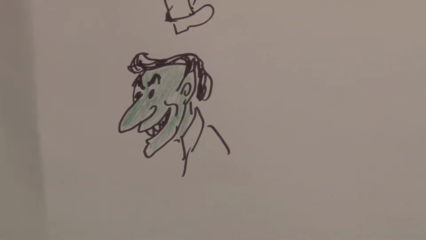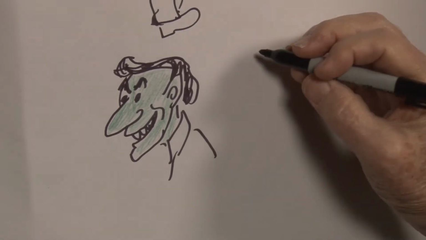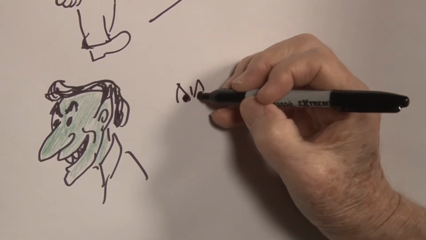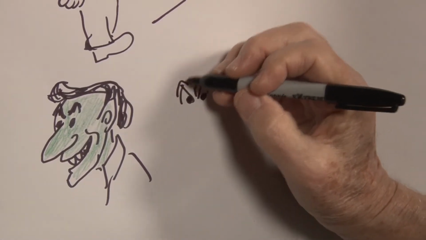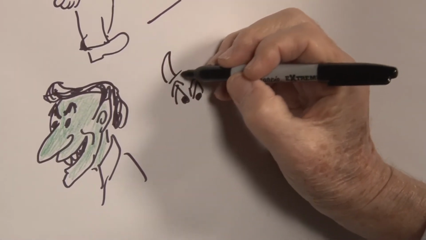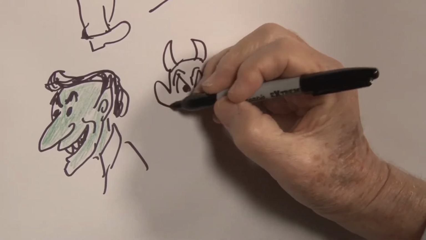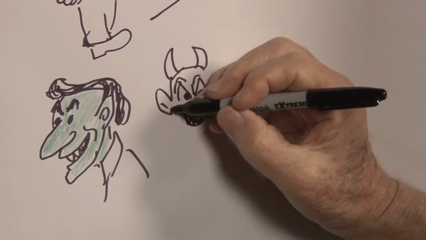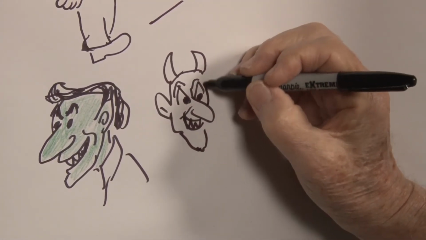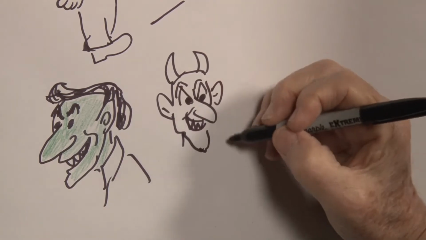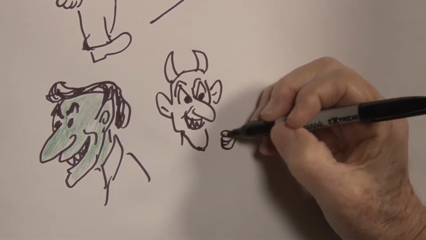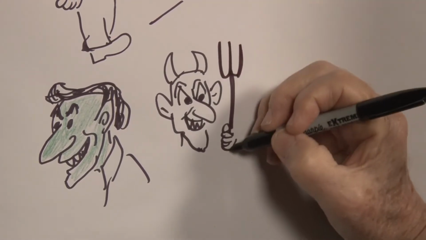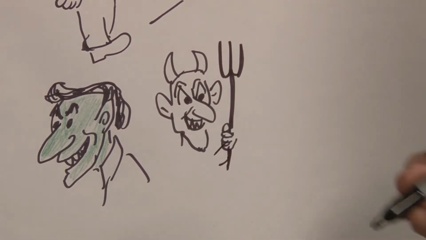Well, here's another character that you might see at trick or treat or elsewhere during the Halloween season. This one's got horns. Of course, another wicked grin. That's the devil himself. And he might have a pitchfork in his hand.